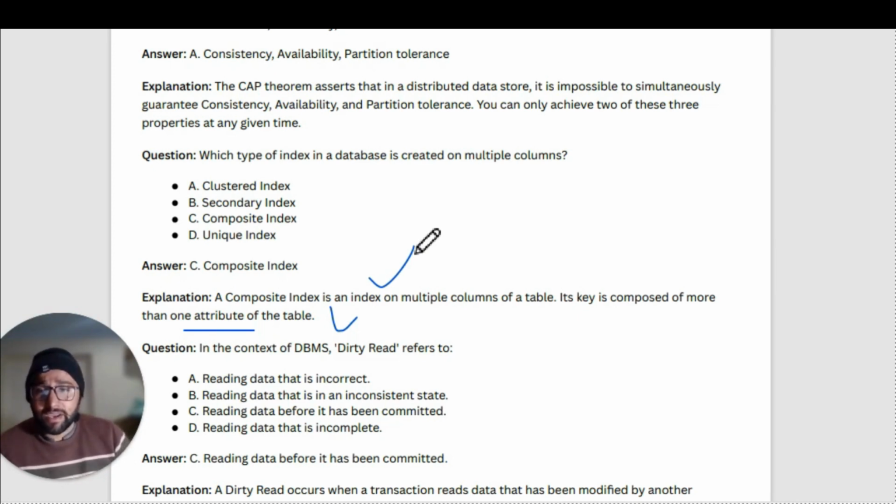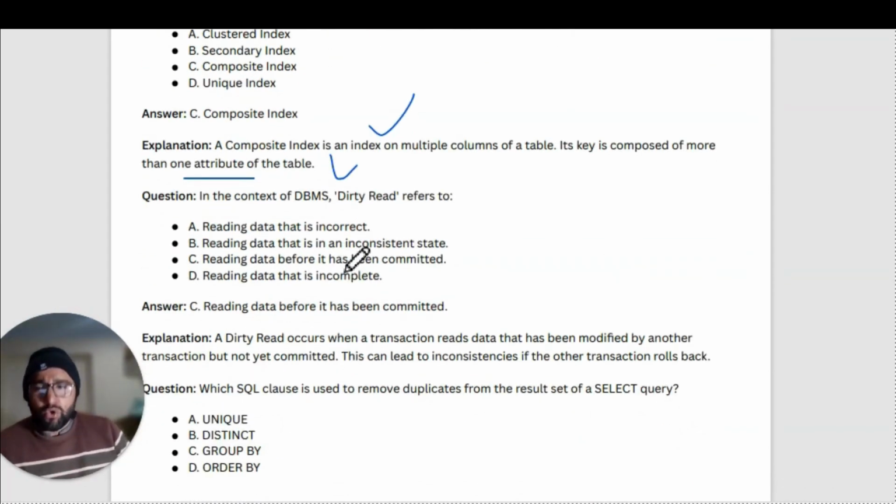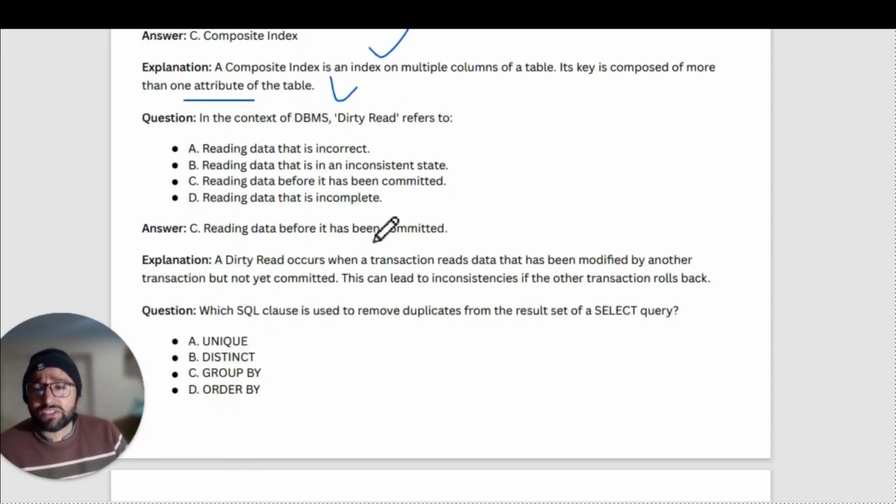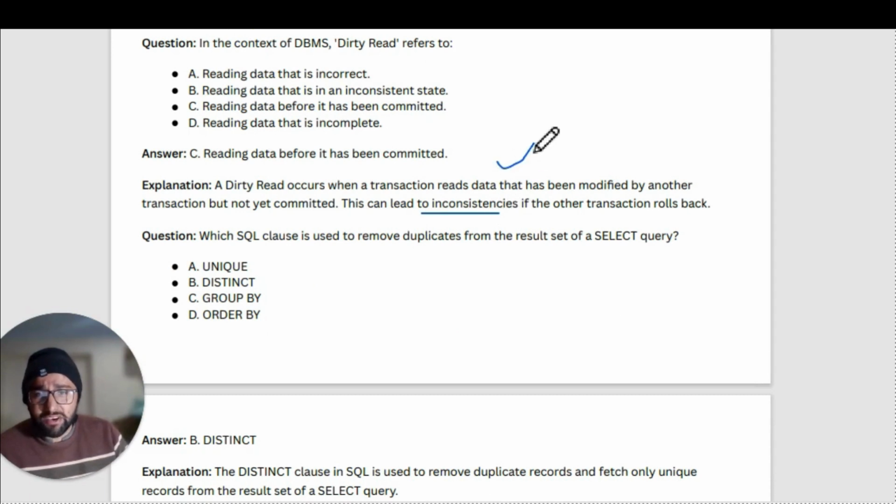So this creates the constraint of dirty read in the database management system. It explains that a dirty read occurs when a transaction reads data that has been modified by another transaction but not yet committed. So this basically leads to inconsistency. That's why we try to avoid dirty read in the database management system.